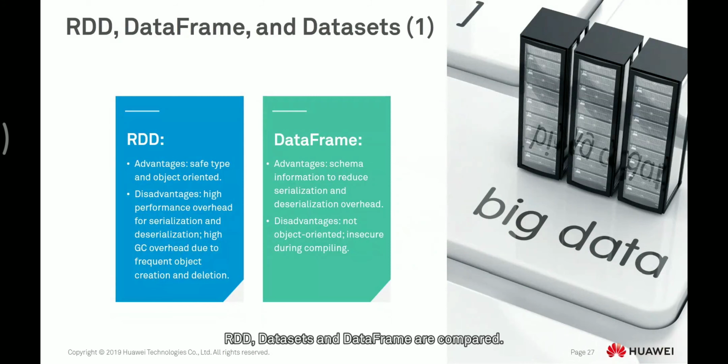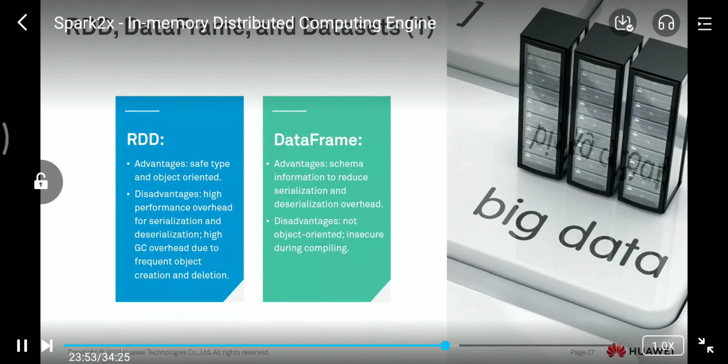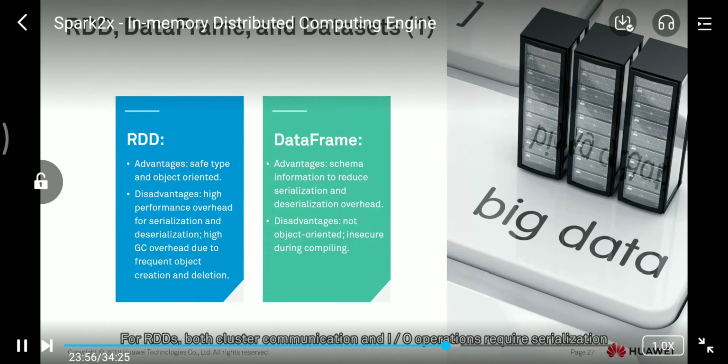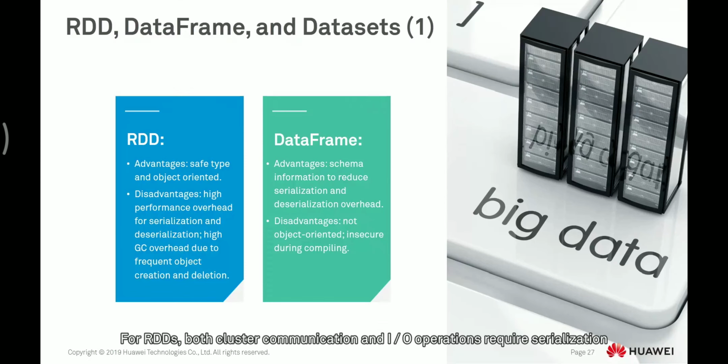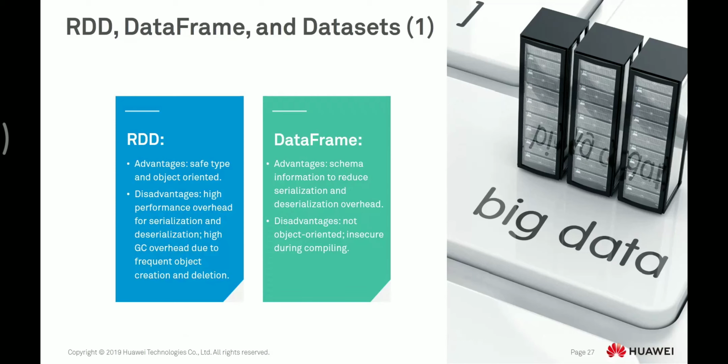RDD, datasets, and data frame are compared. For RDD, both cluster communication and I/O operations require serialization and deserialization of data and data structures. Datasets and data frame have exactly the same functions, but the type of the data in each row is different. For data frame, data in each row is of the Row type.